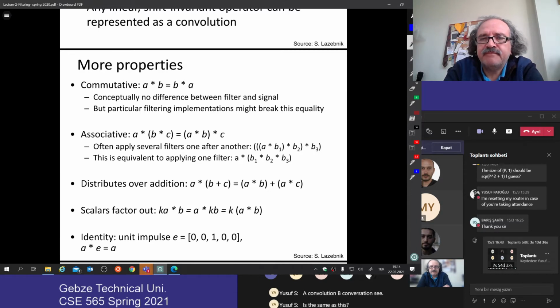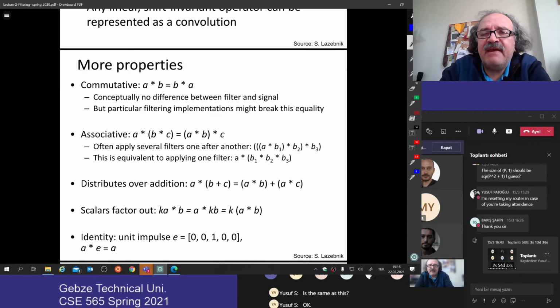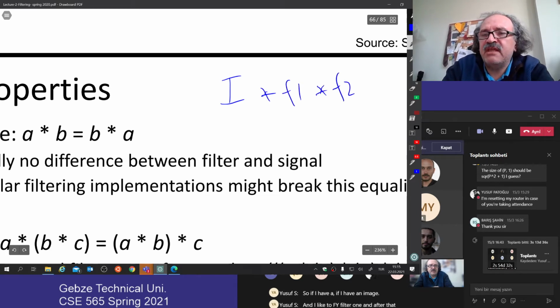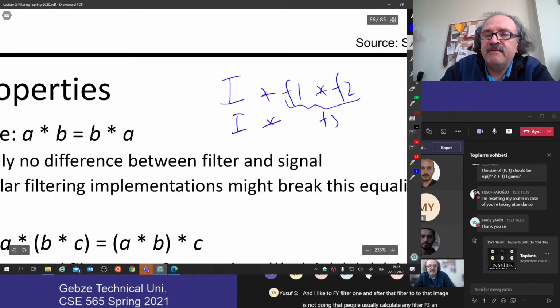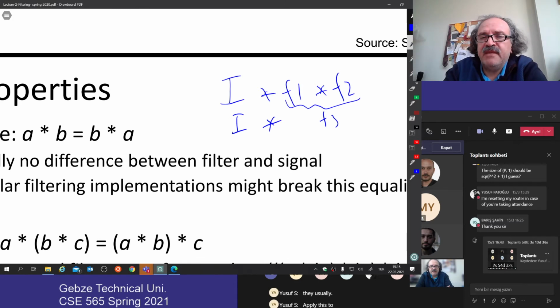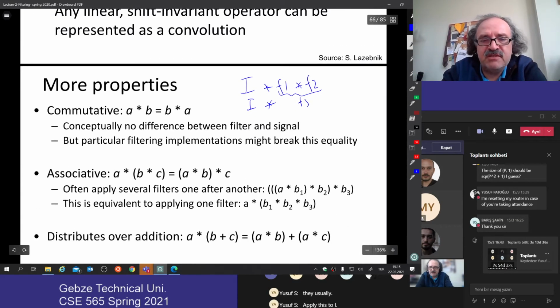So if I have an image and I'd like to apply filter 1 and after that filter 2 to that image, instead of doing that, people usually calculate a new filter F3 and apply this to I. That will make things a lot more efficient.